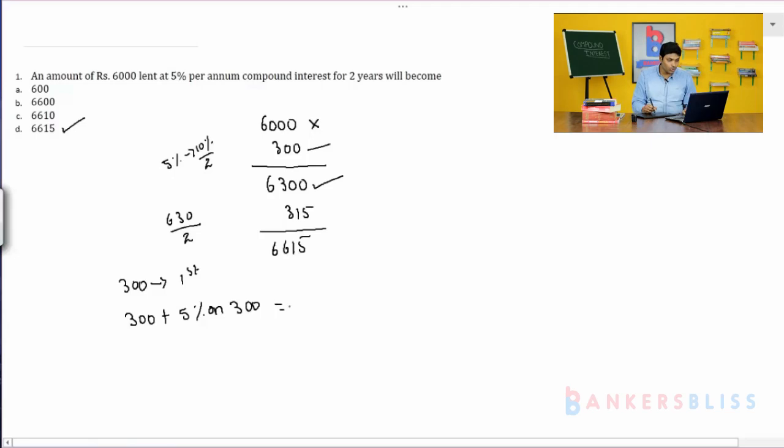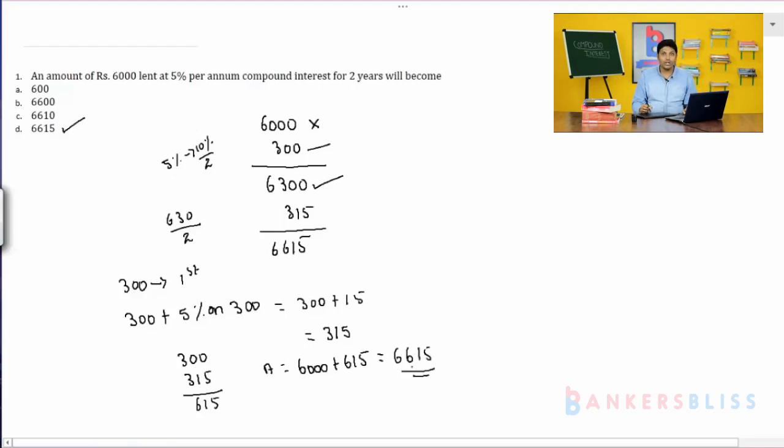So 300 plus 5%: 10% is 30, 5% is 15, so altogether 315. So first year 300, second year 315, so altogether you are going to get 615. So total amount will be 6,000 plus 615, which is equal to 6615. Very simple to calculate. So problem number 1, option D is the right answer.